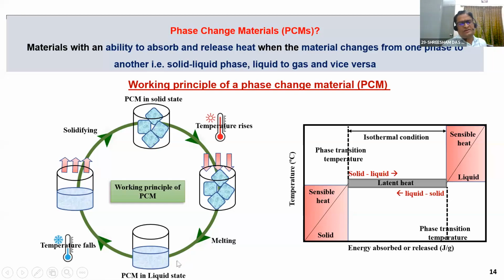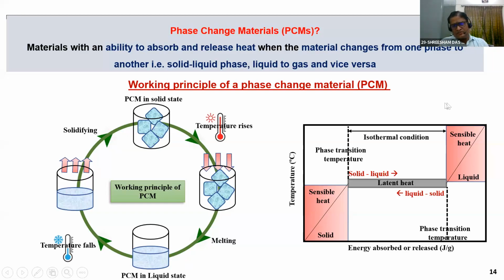So you get the PCM in the liquid state. At the same time, when the temperature falls, this heat is released, and in the process the phase change material solidifies. So this is the working principle of the phase change material.